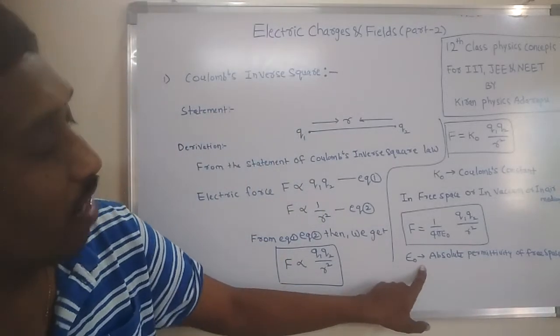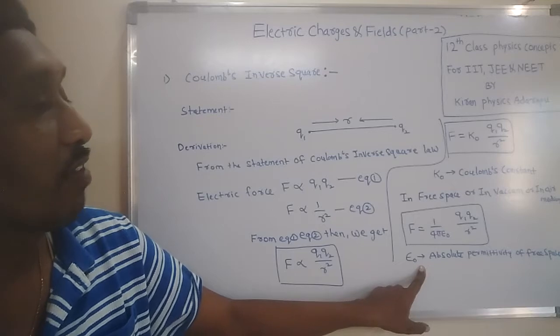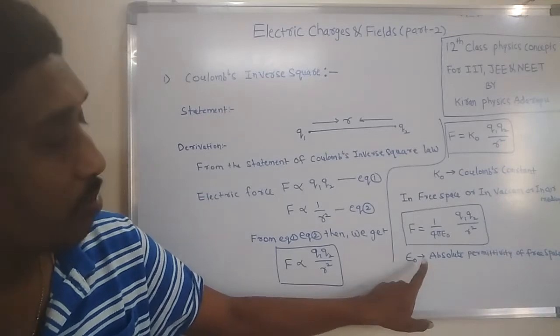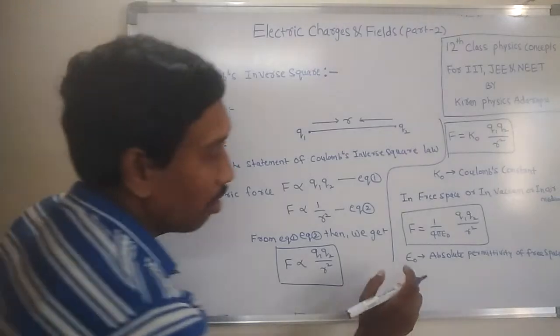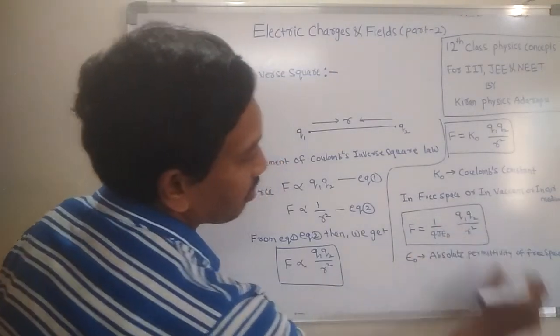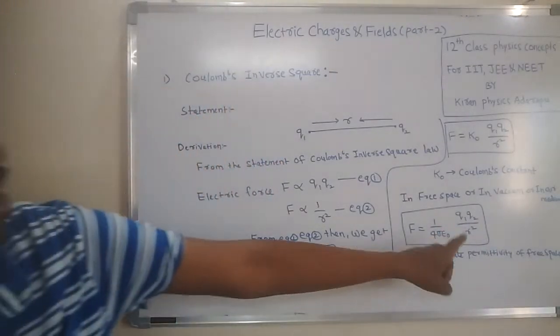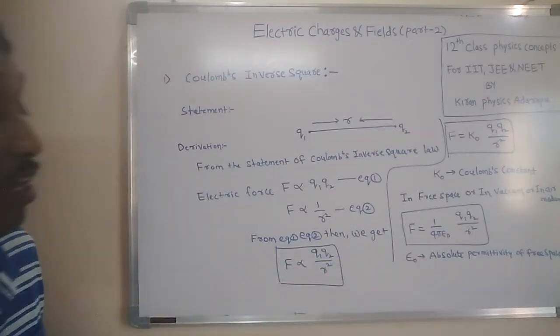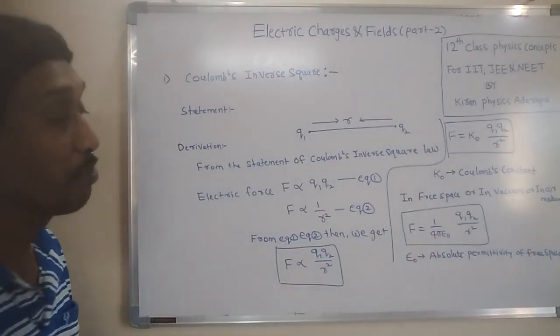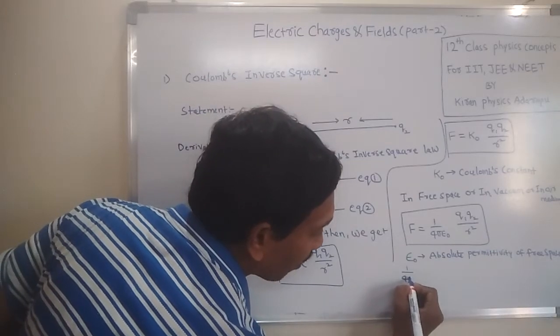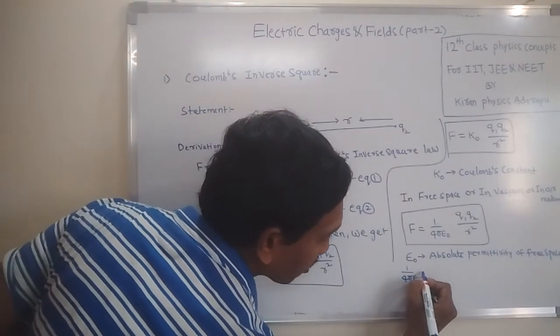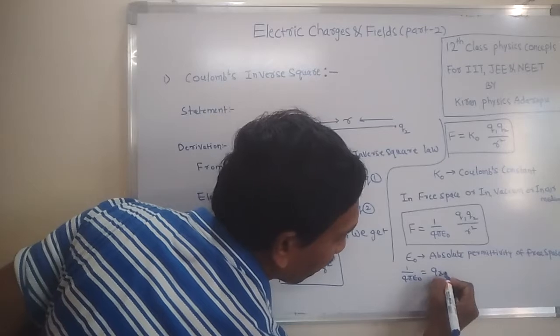From this value, we understand how the electric force varies with the nature of the medium. That's why I introduced this proportionality constant. Practically, two charges are separated by some distance in air medium, the electric force value is measured, and how it varies is measured. Practically we measure this 1 by 4 pi epsilon naught value. The experimental value is 9 into 10 power 9.